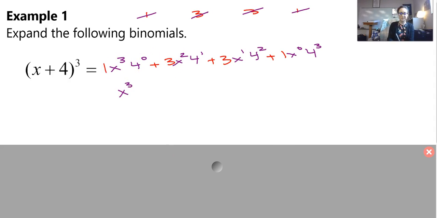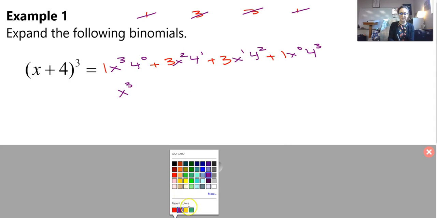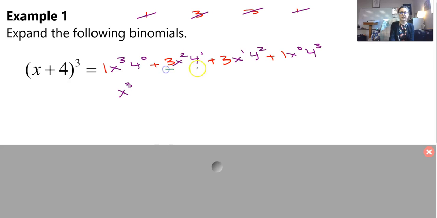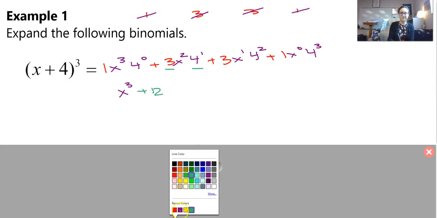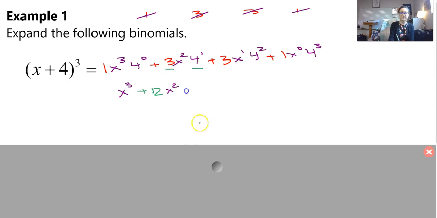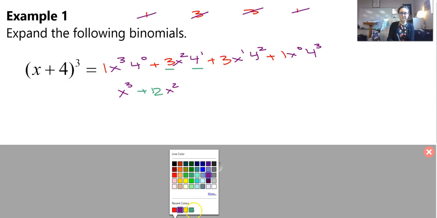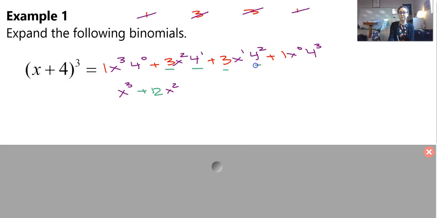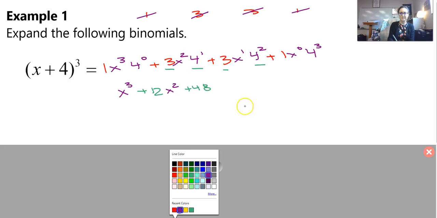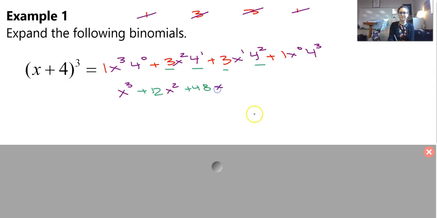Here, grab your coefficients, okay? So let's see, we've got 3 times 4, which is 12, and then I still have the x squared. For that next term, you've got 3 times 4 squared, right? So 3 times 16, which is 48, and then we still have x.